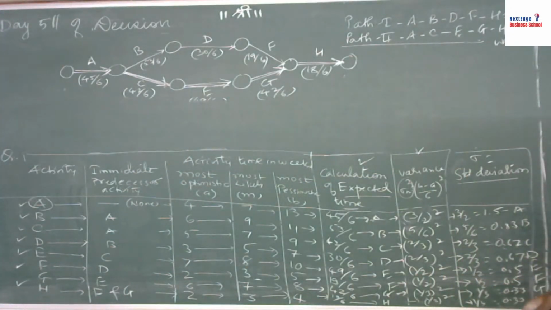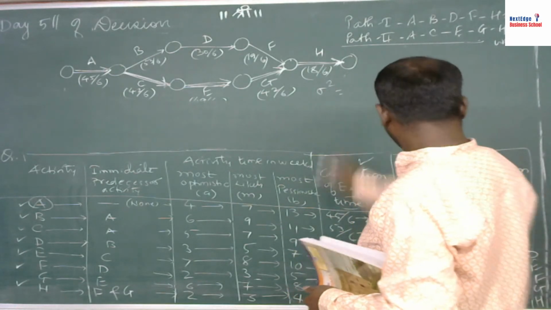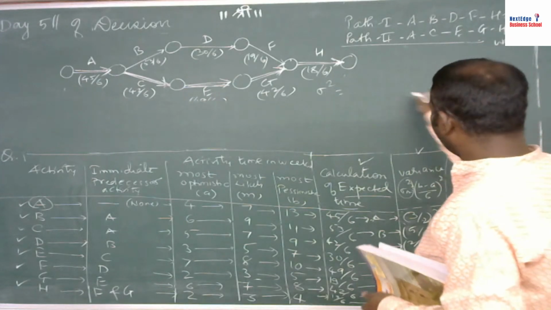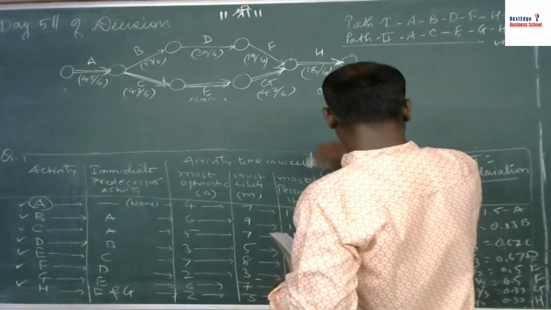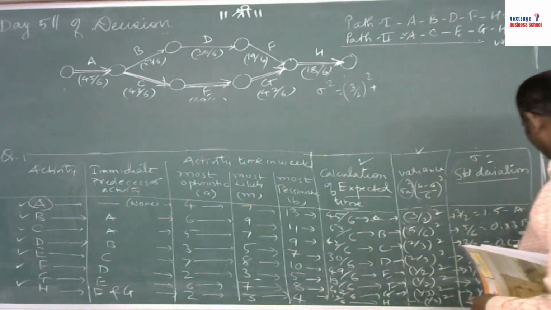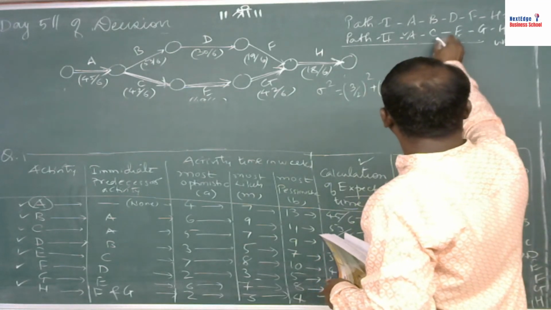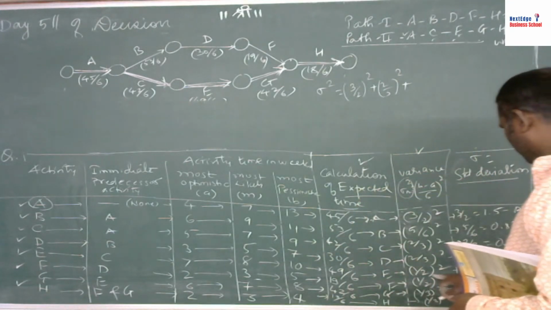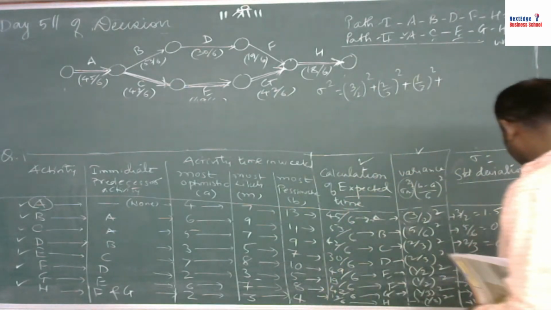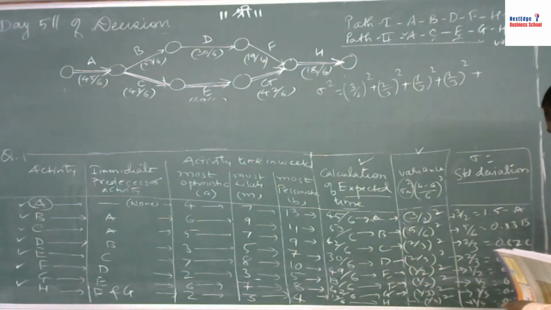Let's take a small example here. अगर आपको पूछ रहा है कि वेरिएंस निकालो, तो स्ट्रेट अवे 3 by 2 का स्क्वायर, प्लस C का लेना है आपको, C का 2 by 3 का स्क्वायर, प्लस E का लेना है आपको, E का है 1 by 2 का स्क्वायर, प्लस G का लेना है आपको, G का है 1 by 3 का स्क्वायर, प्लस H का 1 by 3 का.